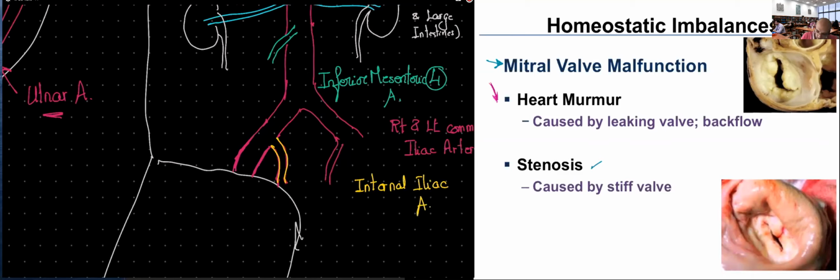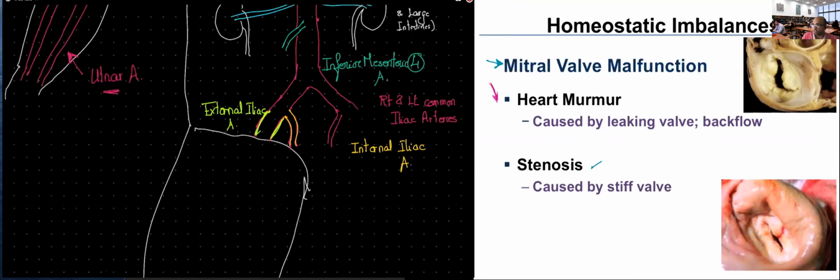And the one that will not be traveling to the inside of the pelvic cavity travels outside here. This is going to be my external iliac artery. External iliac artery is going to be traveling below the inguinal ligament into the thigh.